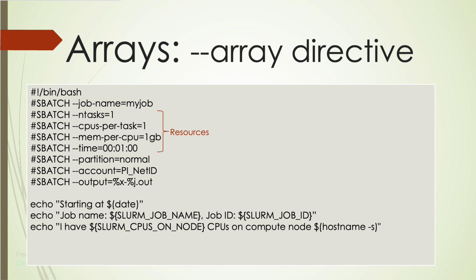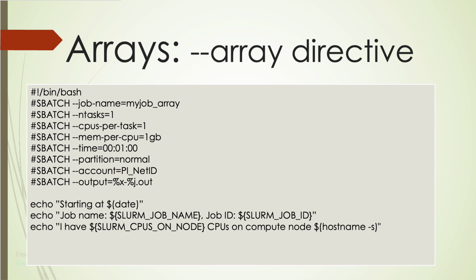The resources that you specify here are not the total amount of resources, but the resources that each job of your array will have. That's why we don't request 20 tasks or 20 CPUs. We request only one task and one CPU for each job of the array, even though your array will have 20 elements. We'll change the job name to my job array now.